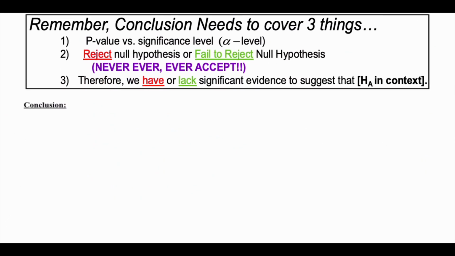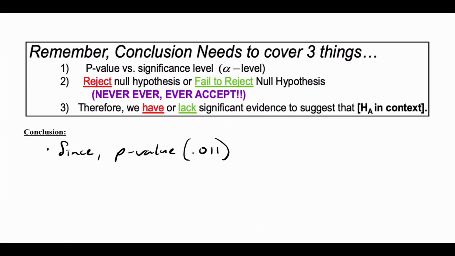Last thing. 3 things we need to cover. Same 3 things we did last chapter, or last section, last week. Here we go. Since our p-value was 0.011, our alpha level was 10%.